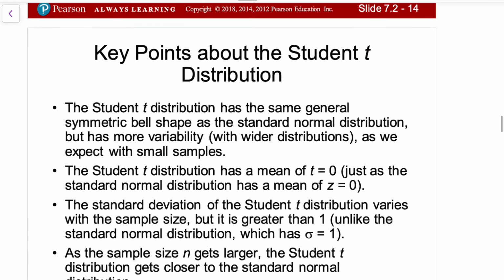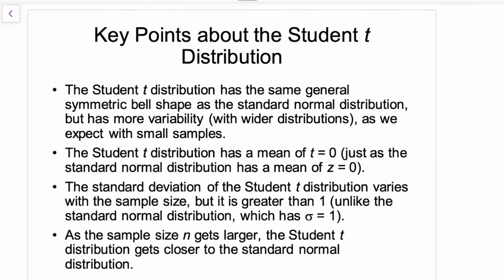And some key points about it we should see is that the student t distribution is still a symmetric bell shape. The distribution itself also has a mean of 0. This will not come up as much, but it still kind of looks like the normal distribution. And lastly, as the sample size gets larger, as n gets bigger, the student t distribution actually starts to get closer to the standard normal distribution.